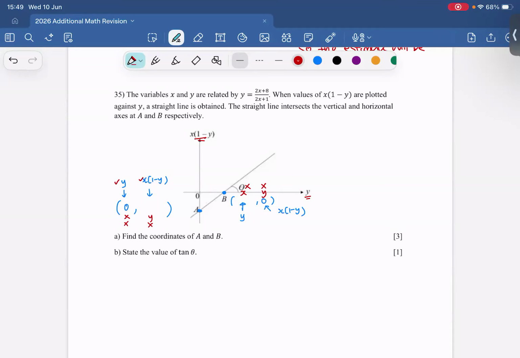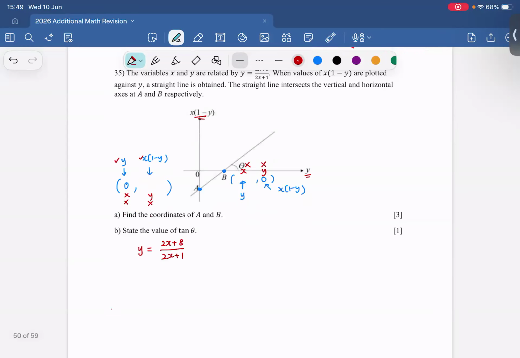Okay, so what you need to do is you need to start with this equation. Then you do your working, arrange, do your algebra. In the end, you get this. This equals to a number times y plus another number. Okay, so shift the equation until you manage to get that. Okay, so how do we do that?